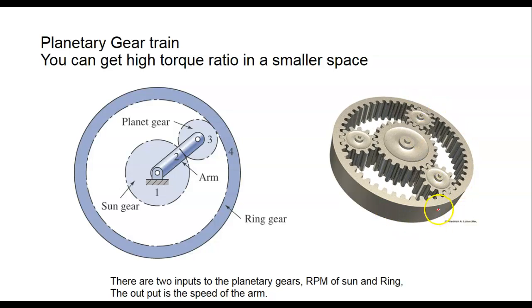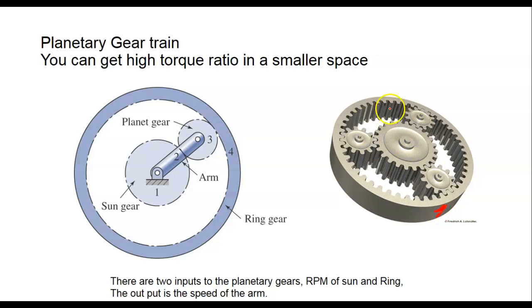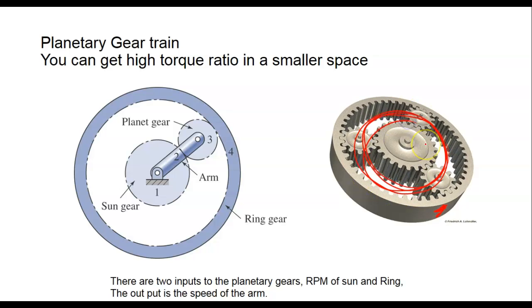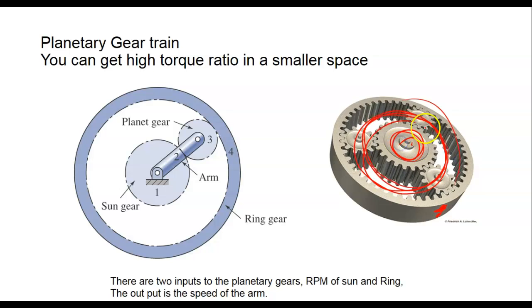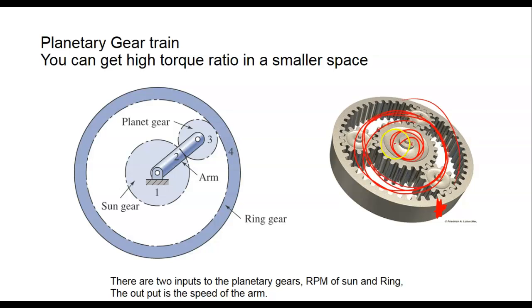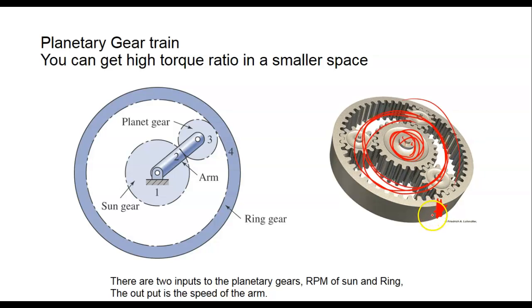I've seen them clamp this down, and then this part right here spins, and these planetary gears would spin inside here. And if they clamp this one down and this is spinning, let me get that right. We can't clamp this one down. So we can clamp this part down, and then this right here spins. That isn't going to work. I've got to figure this out.